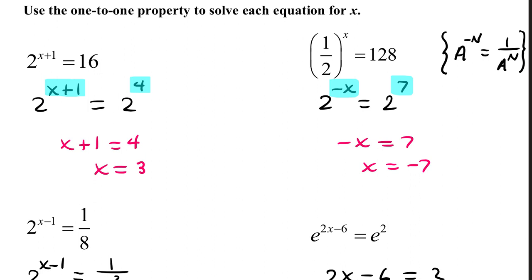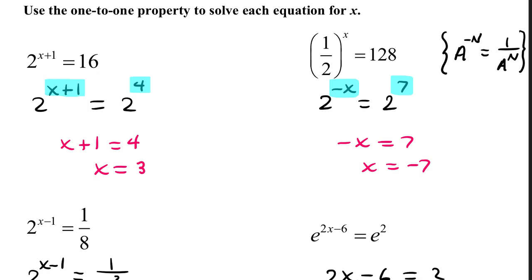The example at your upper right, 1 half to the x power equals 128. There is a property that anytime you move a term across a fraction bar, the power changes sign. So this 1 half, if we move the 2 across the fraction bar, it will gain a negative. 1 half to the x is equivalent to 2 to the negative x. 128 is the product of 7 2's.